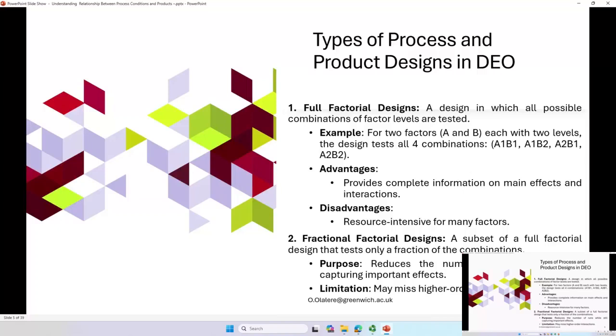Anything below 30%, extract it out. The one with higher contribution is the one that is affecting my process. This is where factorial design comes in. Both of them are used as screening methods. The main thing is what it is being used for.